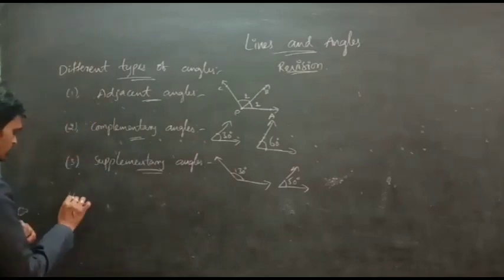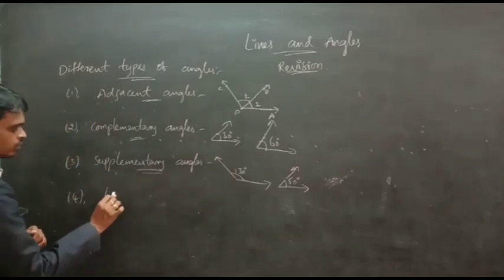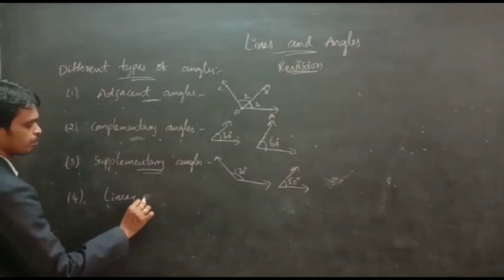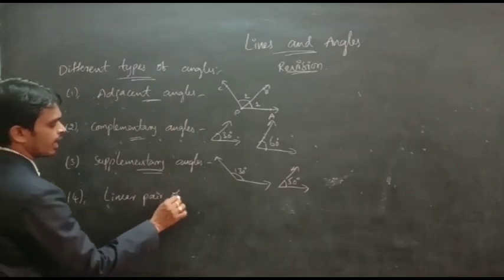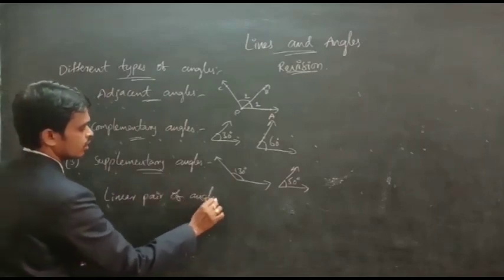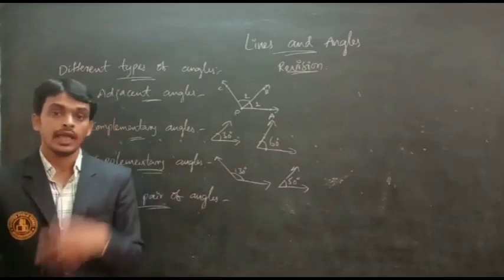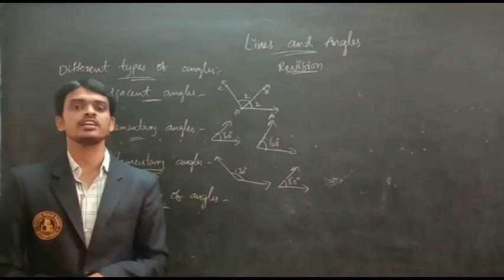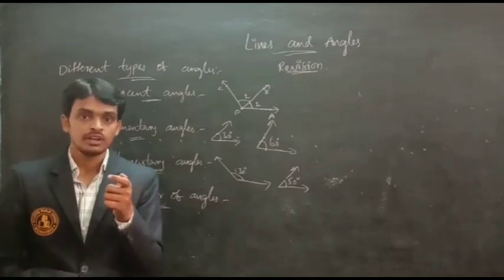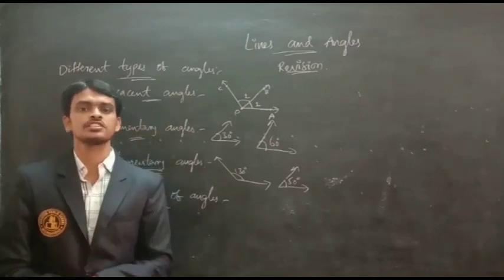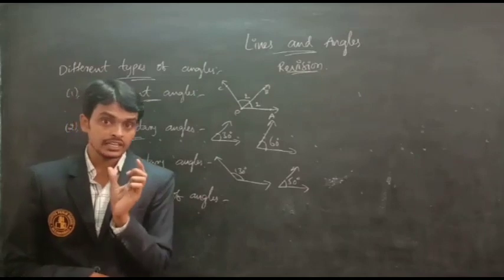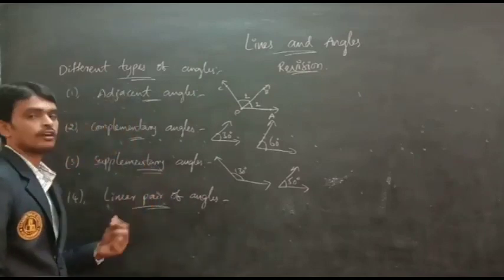Next, fourth one, linear pair of angles. A pair of adjacent angles whose sum is 180 degrees are said to be a linear pair of angles.